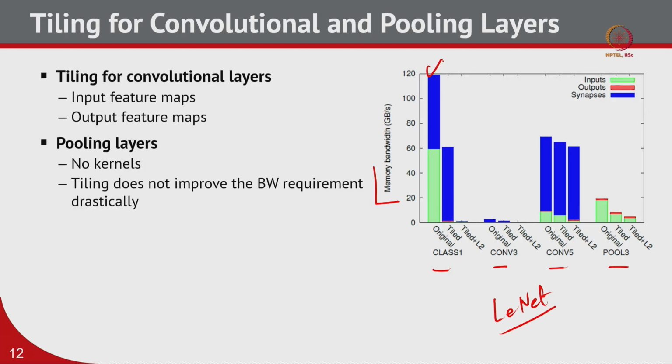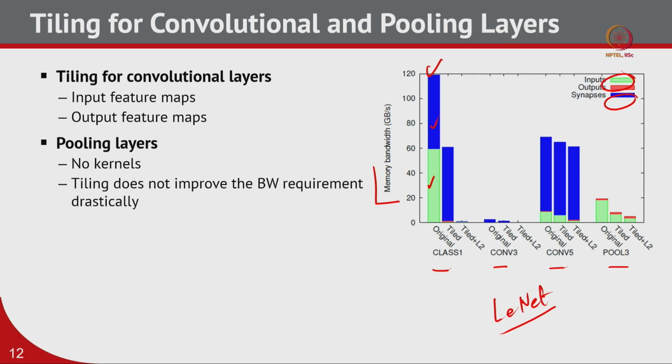As you can see, this green one is almost 50% of the memory bandwidth required for the inputs, correct, and then the rest of the 50% is required for the synapses, which is nothing but the weights, right. That means the inputs are getting fetched again and again. So, a lot of memory bandwidth is actually spent on the inputs, correct.